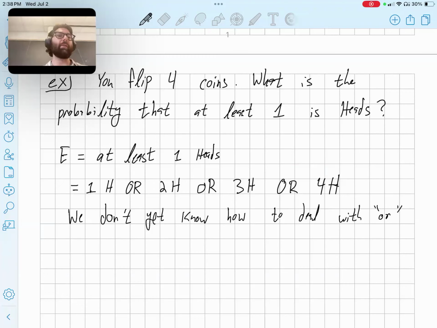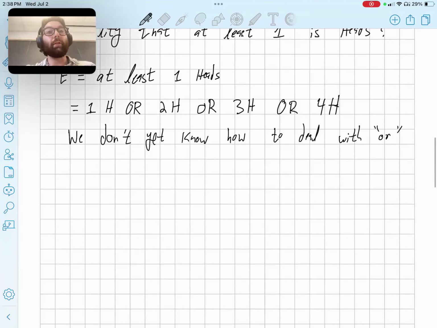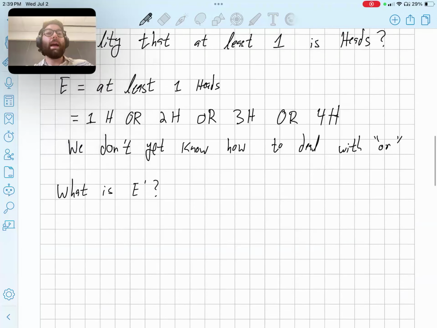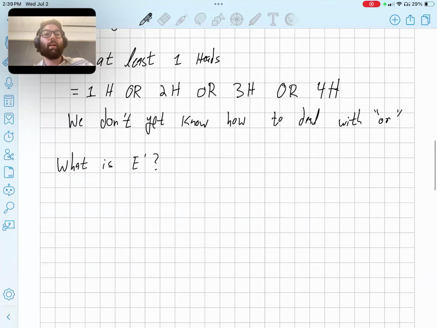So how can we do this? Well, we're going to want to use our complementary probability. And so this is going to be a little tricky. A lot of times, the hard part of this complementary probability is finding what is the complementary event. And so what is E prime? Well, what are all the possibilities, the possible numbers of heads, we could get?